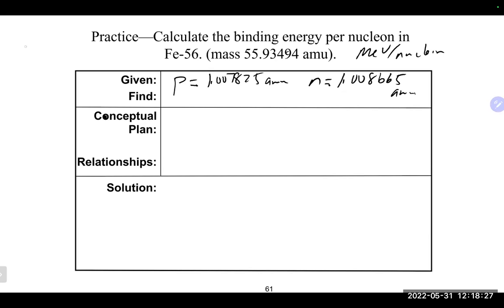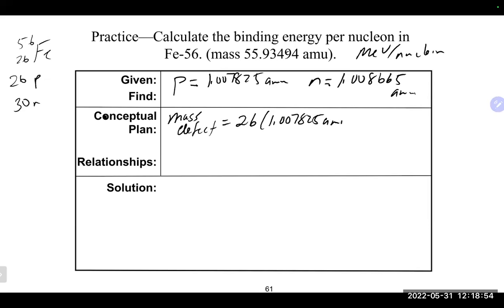All right, so iron 56 obviously being the mass number, go to the periodic table, get the atomic number, which is 26. That means we have 26 protons in this case, and 56 minus 26 gives us 30 neutrons. So once again, starting with the mass defect here, we're going to take our 26 times our proton's mass. We're going to add it to 30 times our neutron's mass.